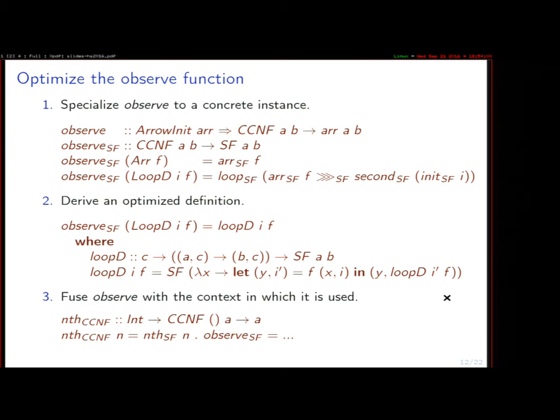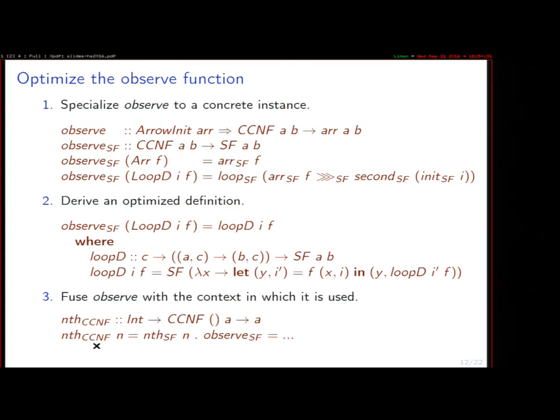And thirdly, this is the more critical point in this slide. We need to fuse observe with the context in which it's being used. So we fuse it with the sampling function, for example, the nth function, sampling the nth element in the output when you run the arrow. So we observe using SF and use nth for SF and combine these two, and we get nth for the CCNF type.